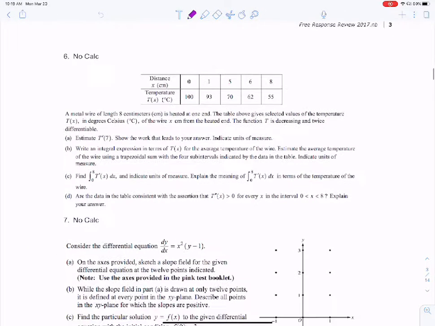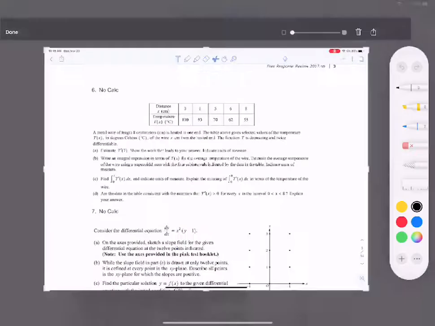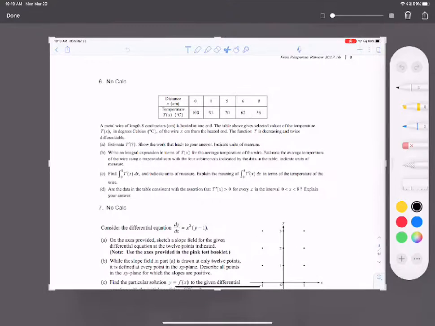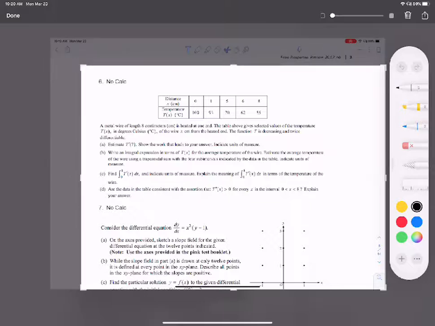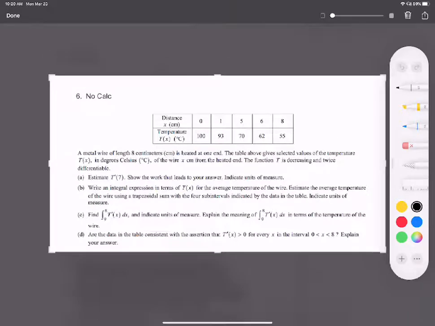So number 6. Let me see. Give me a second. I didn't plan on how I wanted to demonstrate this. Just one second.